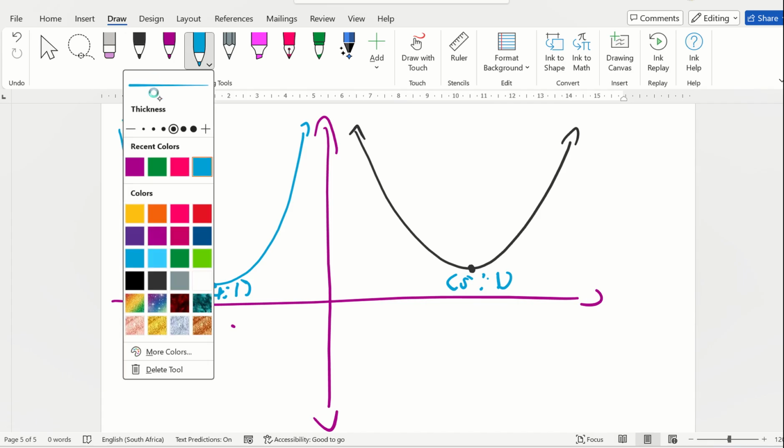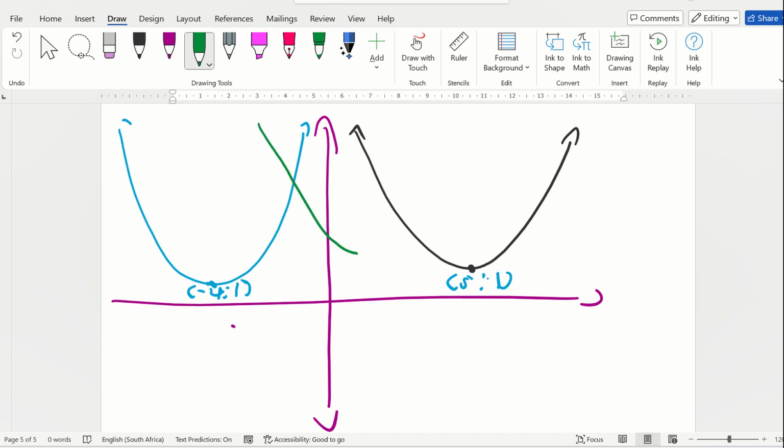Another graph will be, the coordinates will be 2 and 3. Yes.